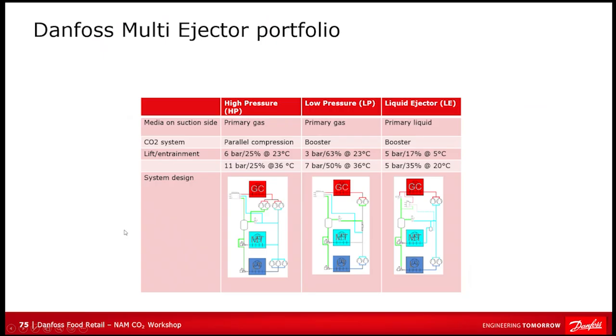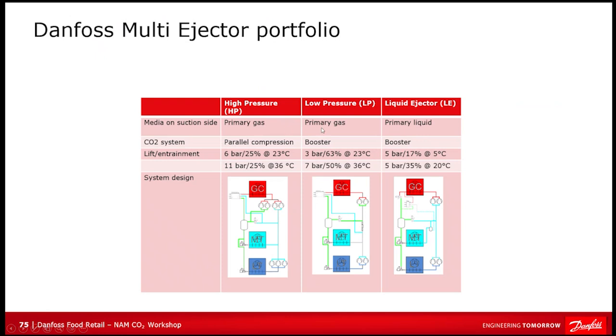There are different types of ejector, and you can see the three categories that we have here defined. Each of these is a different design, a different ejector. So the cartridges inside of the block itself, each is intended for its own application. We have a high pressure ejector that's focused primarily on vapor or gas.